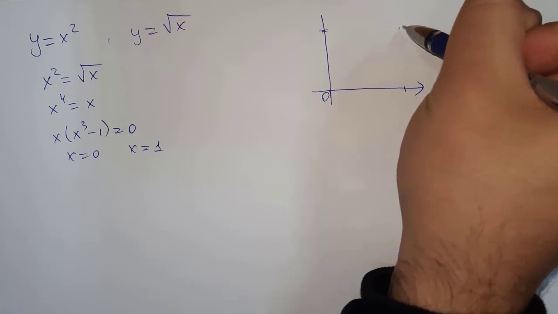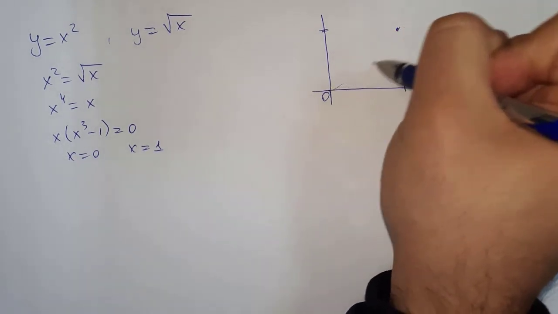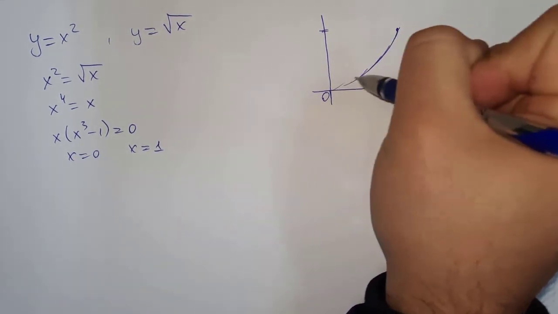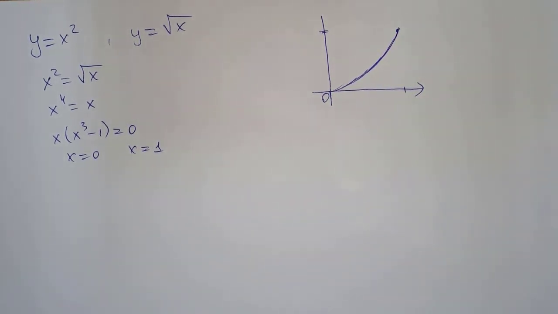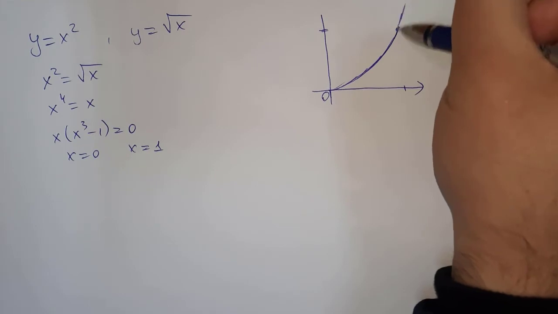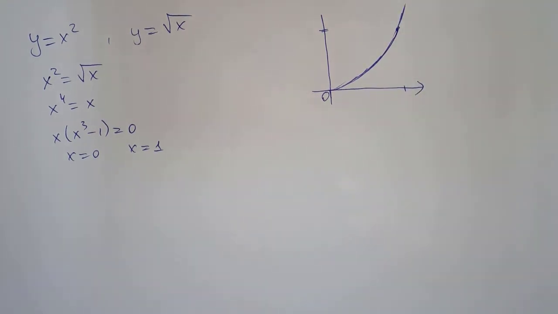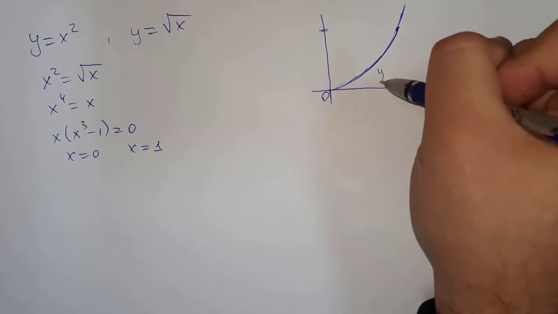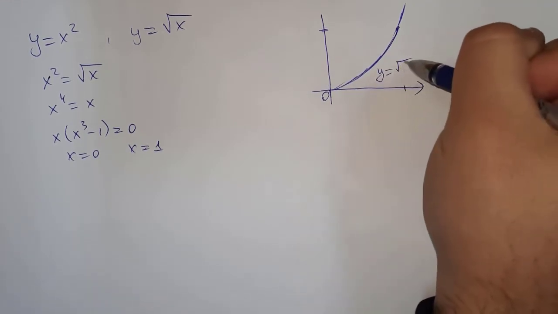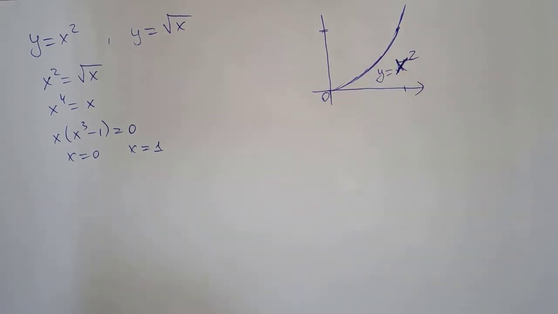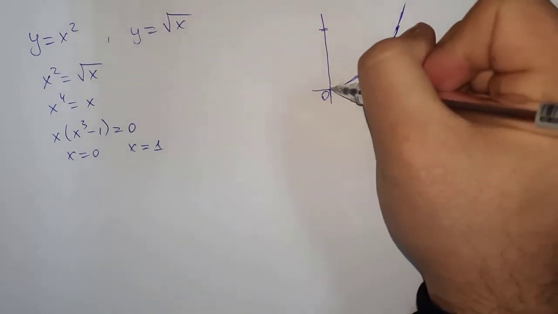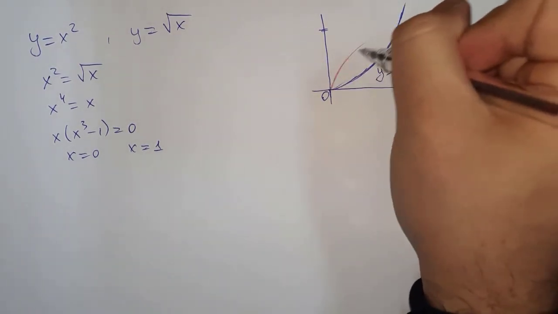So the first parabola is like this. This is x squared, and it's growing. Now the second function, square root of x, will be like this.